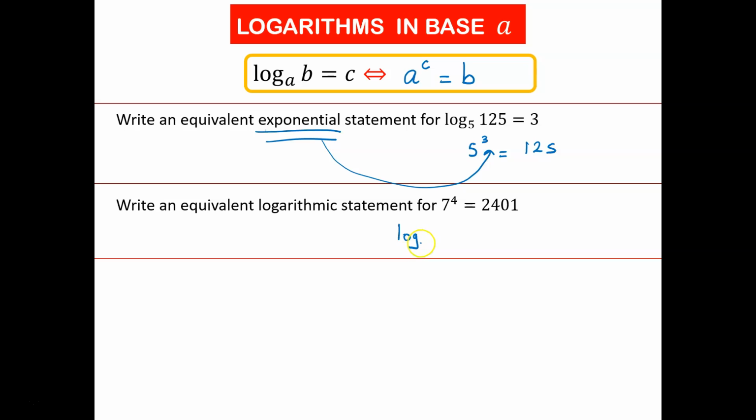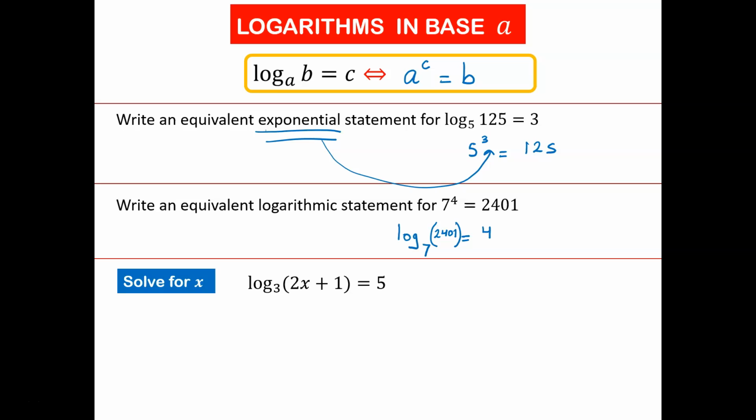Base is 7, so we put base 7. And 7 to the 4, okay, let's put the 4 here. So 7 to the power of 4, the 2401 goes in there. Okay, now this doesn't look very nice, so I'm just going to put it in brackets there. Those brackets in that case, they're not really necessary. But anyway, they look okay.